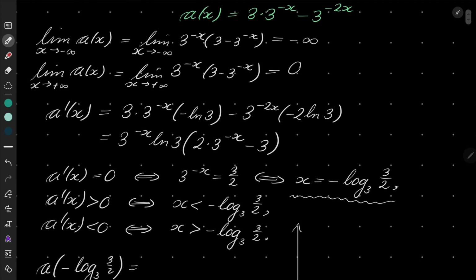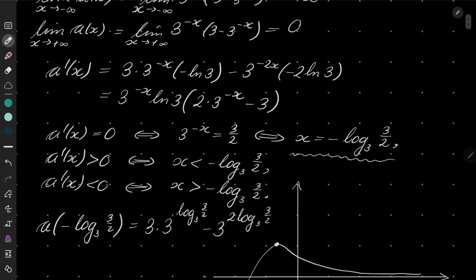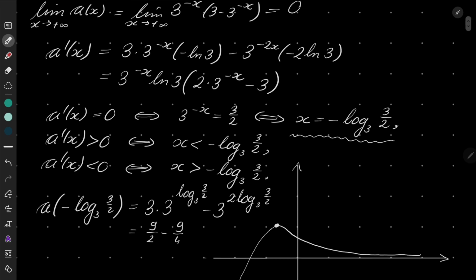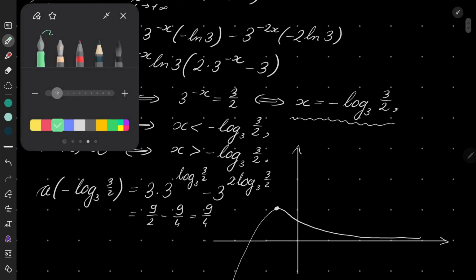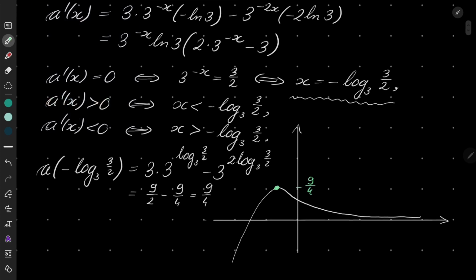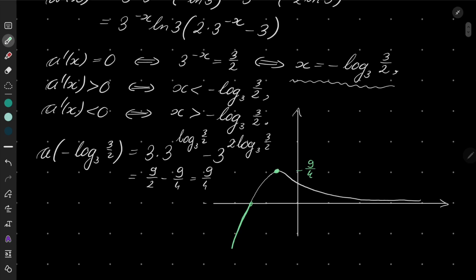It was 3 times 3 to the power of the base-3 logarithm of 3/2, minus 3 to the power 2 times the logarithm of 3/2. After a bit of simplification, it becomes 9/2 minus 9/4, and it is 9/4. So we know that the maximum of our function is 9/4, and here we also see that we have only one solution.